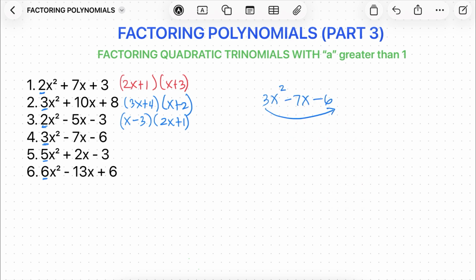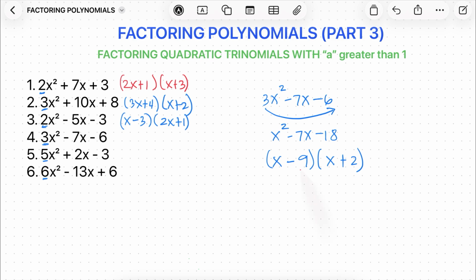Next example, we have 3x squared minus 7x minus 6. So same process. This will be x squared minus 7x minus 18. Factors of negative 18 that if we add is negative 7 would be negative 9 times positive 2, right? Because negative 9 times positive 2 is negative 18. Negative 9 plus 2 is negative 7.